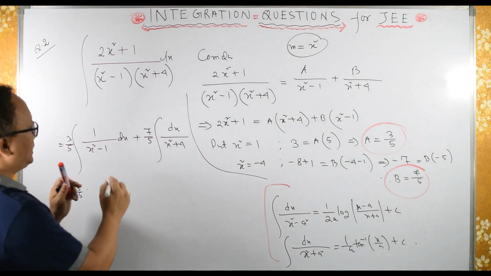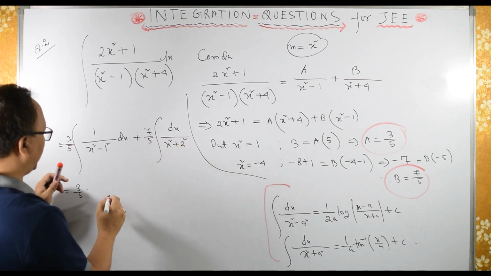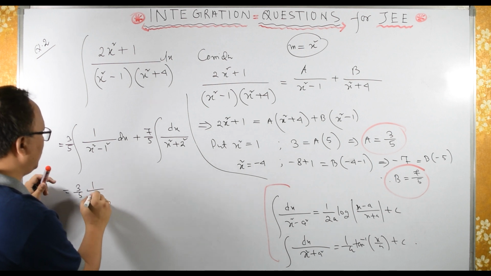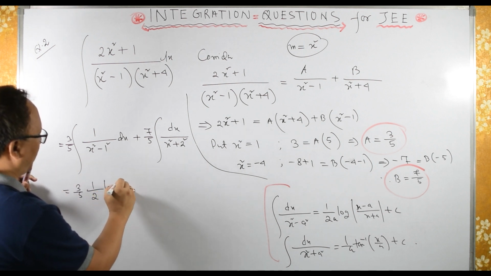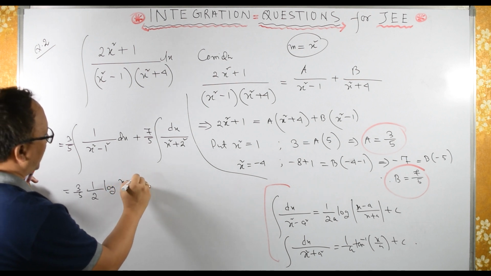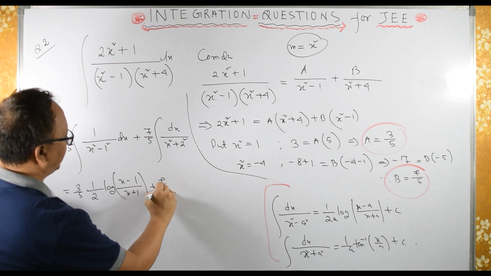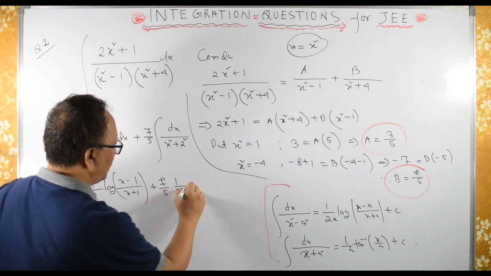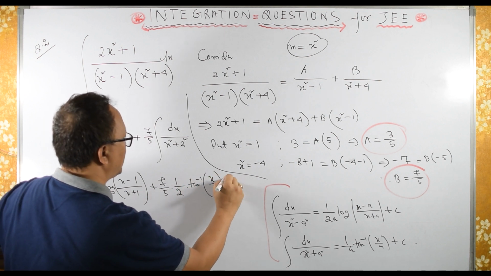So 1 is the same as 1 squared, and 4 is the same as 2 squared. Applying the formula, we get 3 by 5 into 1 by 2 into 1, which is 1 by 2, log of (x minus 1) upon (x plus 1), plus 7 by 5 into 1 by 2 tan inverse x by 2, plus some constant.